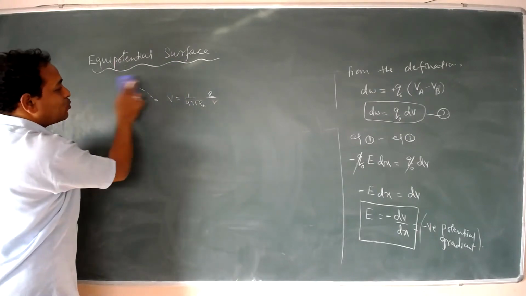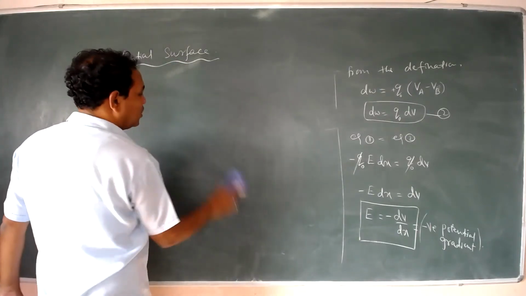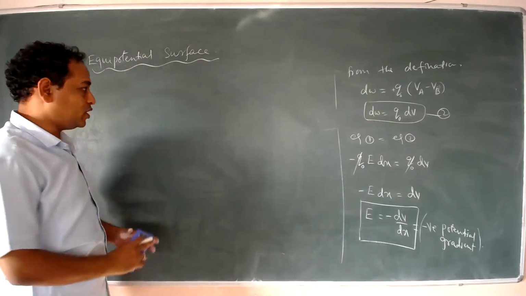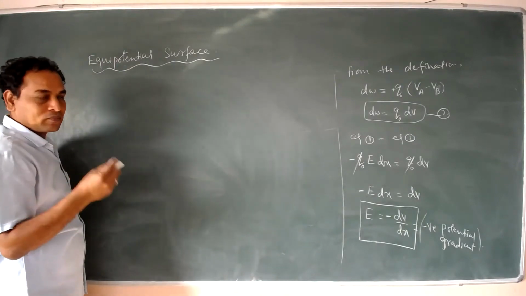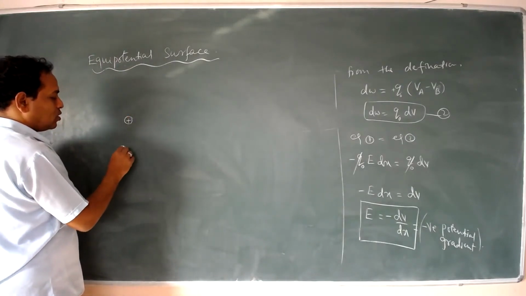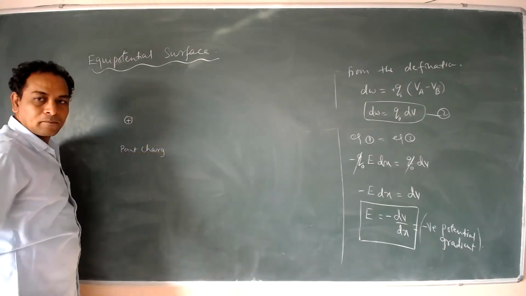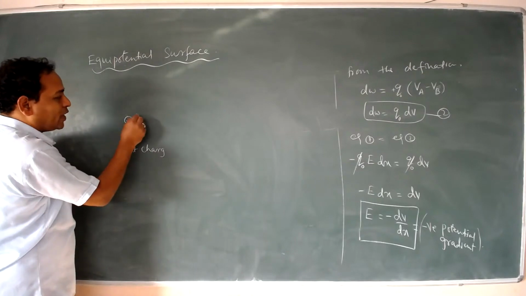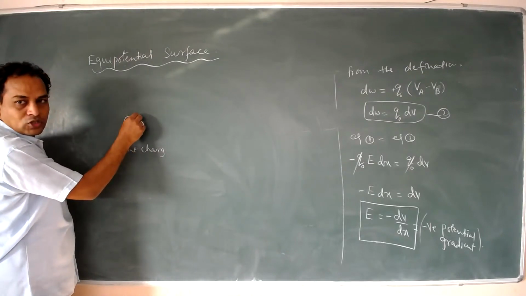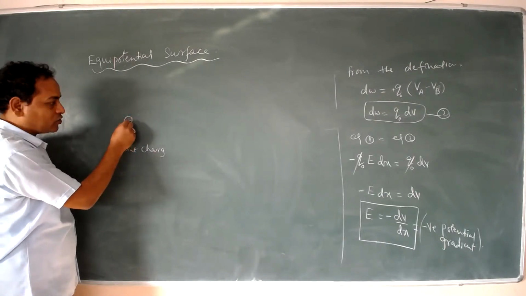So there are some properties. But before going to those properties, let us see some equipotential surfaces, which we will draw. For example, suppose this is a point charge. Its potential at this point is, suppose, some V. At this point also it will be V, at the same distance.